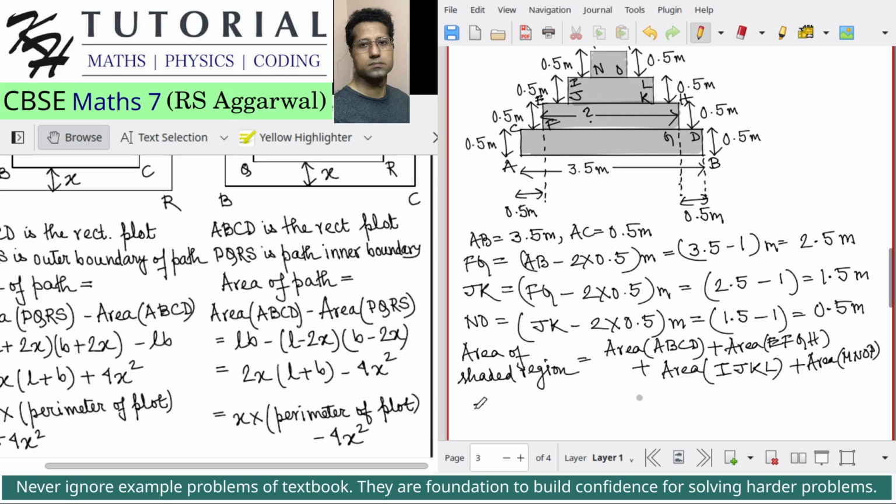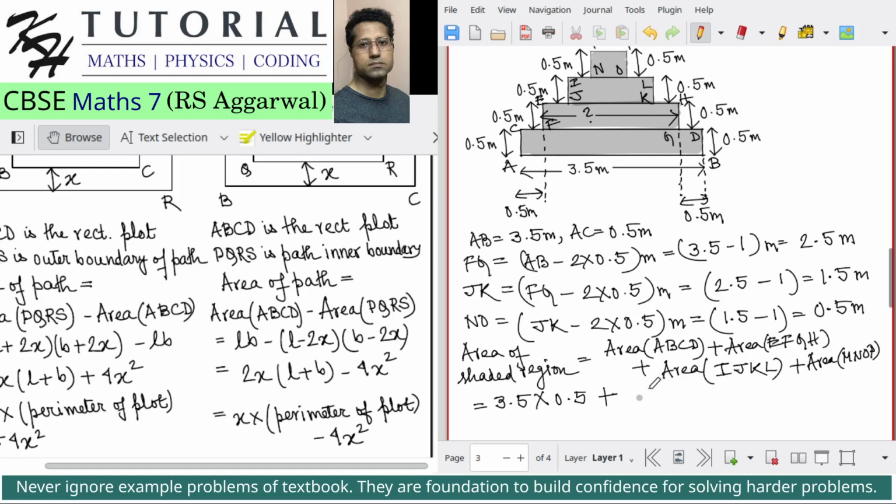Okay. So now this is equal to the area of ABCD, the bottommost rectangle, is 3.5 multiplied by 0.5. Now remember one thing, let's put all the values. The width of all the rectangles are same, and they are all 0.5 meter.